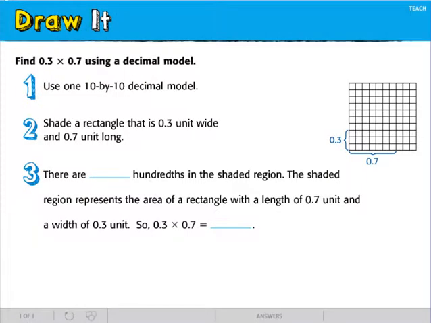Alright. We're getting into our examples. Everybody should have their textbooks opened up to page 397. We're going to find 3/10 times 7/10 using a decimal model.